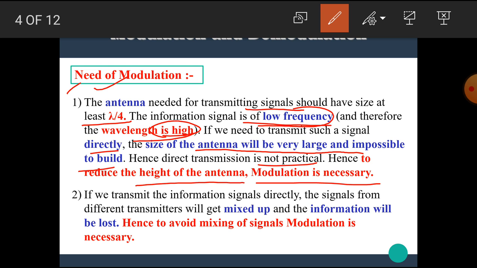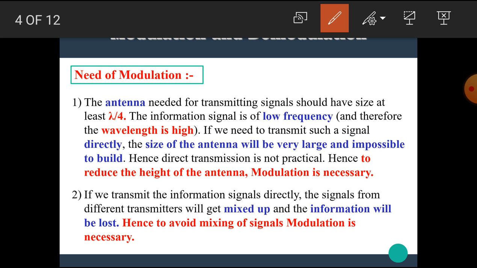The second need is that if we transmit the information signal directly, the signals from different transmitters will get mixed up and the information will be lost. Hence, to avoid the mixing of signals, modulation is necessary. That means if we directly transmit a signal, it is possible that other signals get mixed with this signal and the original information is lost.